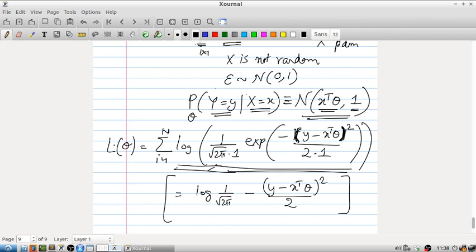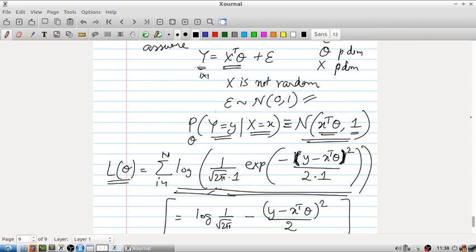Oh yeah, it's just, sorry, it's not the loss of theta, it's a likelihood function. I just defined it. Yeah. So that's just the sum over log of p theta of whatever is inside, right? So if you remember, since I'm assuming epsilons are random variables with 0 mean and unit variance, y's are random variables with mean x transpose theta and unit variance given x.